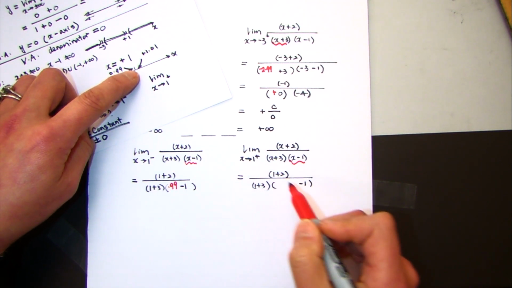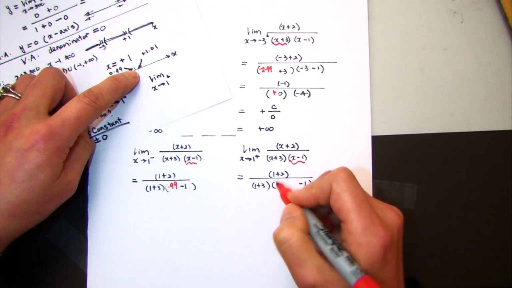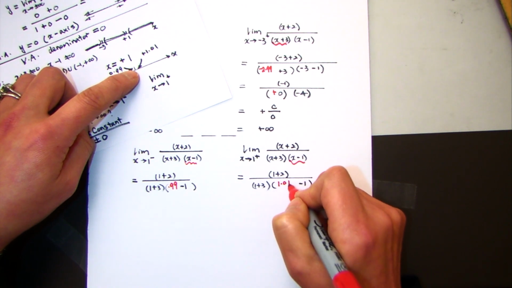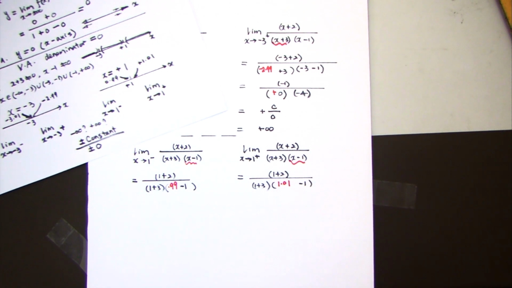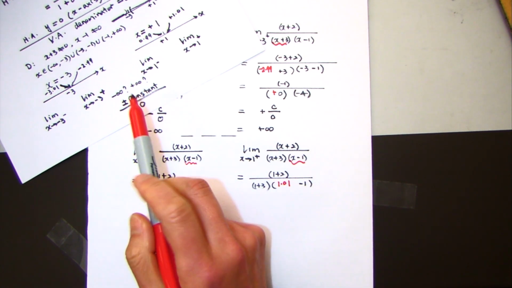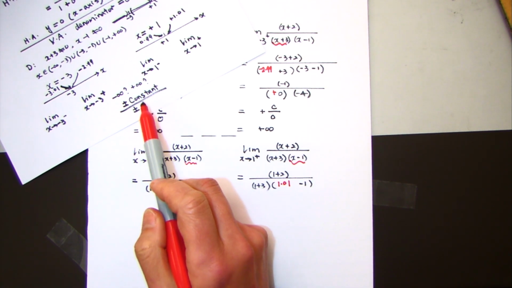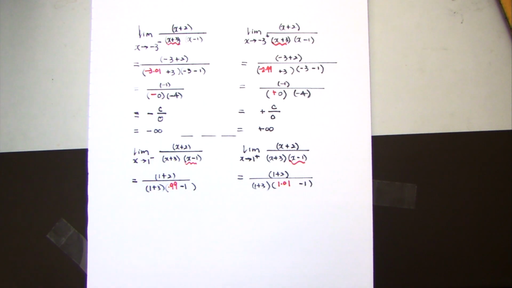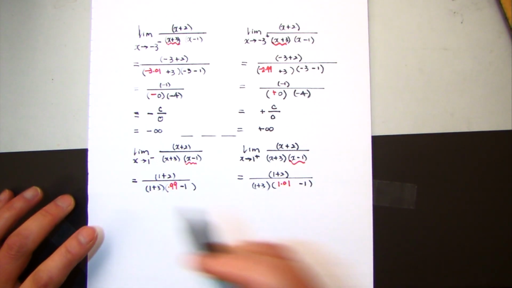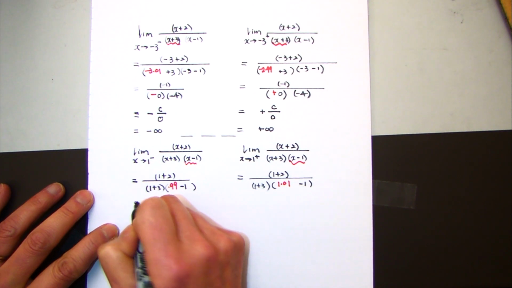Close to 1 from the right side, dollar and a penny. Also be prepared to end up with a constant divided by tiny number. Here we go. Equals.